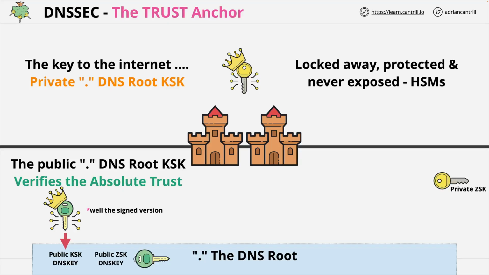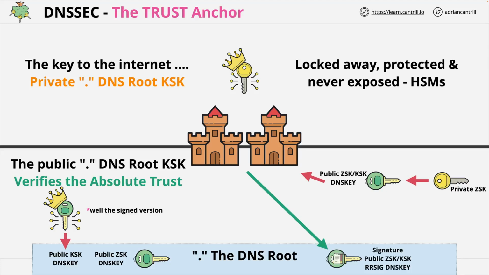The whole function of this massively controlled ceremony is to take the root zone ZSK, take this into the ceremony, sign it with the private root zone KSK under these hugely tightly controlled conditions, and then produce as an output the root zone RRSIG DNS key. This single record is why DNS from this level down through the top level domains and into the domain zones, this is why it's all trusted, because the root zone is trusted via this signing process.